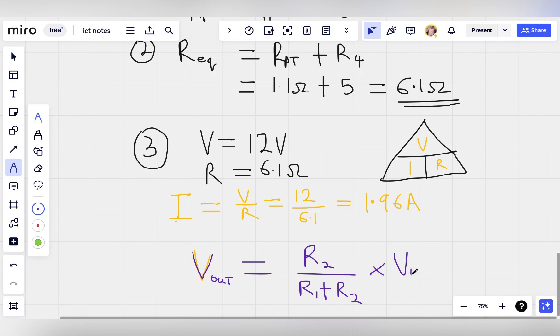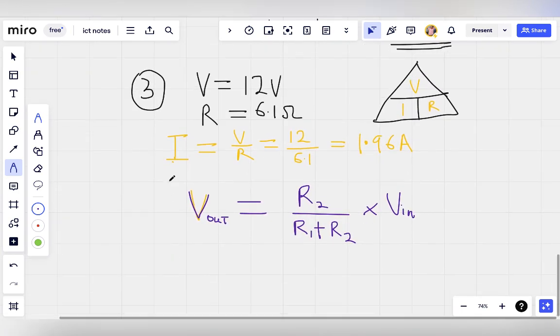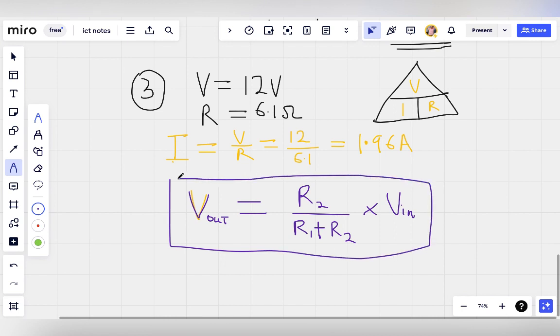This formula will help you even in A level and in university, so please take note of it. To calculate the output voltage in a potential divider or potentiometer, V out is R2 over R1 plus R2 times V in.